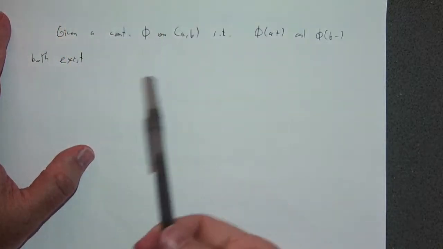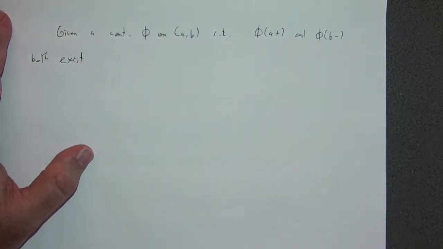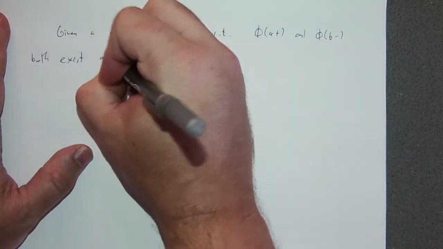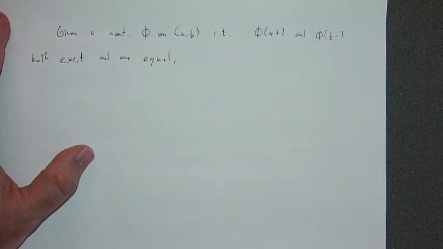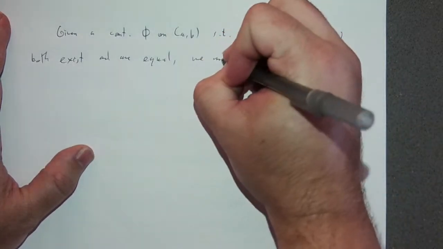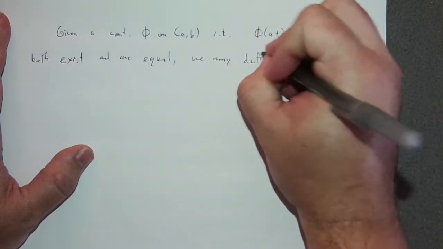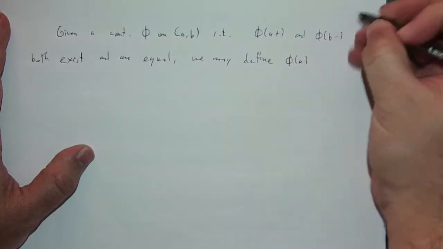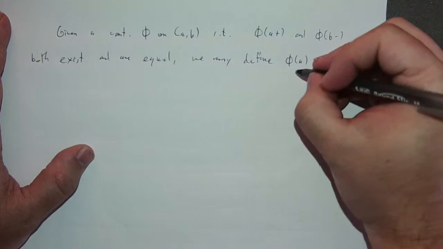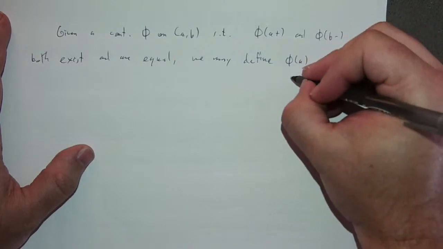So given a continuous phi such that these things both exist and are equal, we may define phi of a and phi of b.